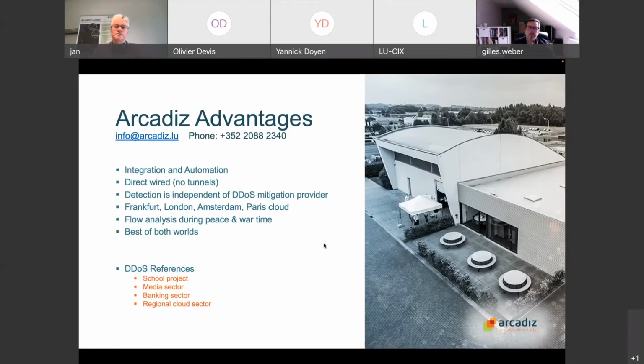So to conclude, where are the Arcadiz advantages? We are specifically here to do the integration and the automation. We have a direct wiring, so you don't have trouble with MTU and TCP parameters. The number one point is that the detection is completely independent from the chosen DDoS mitigation provider.